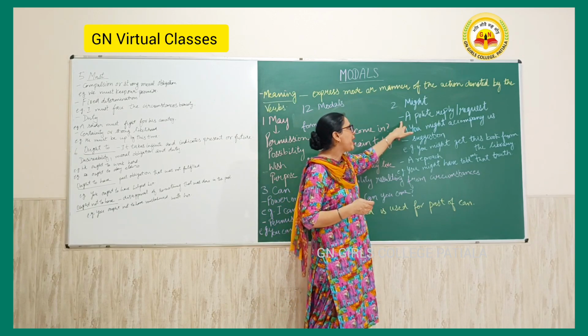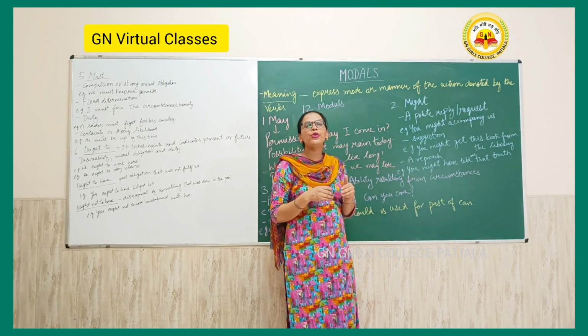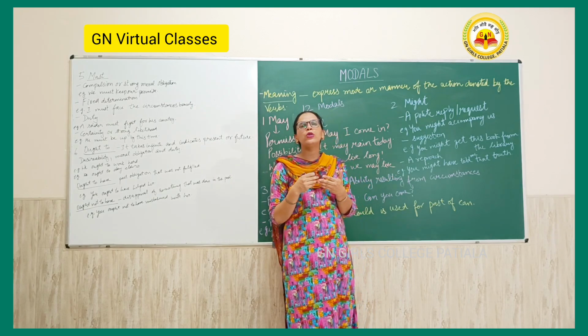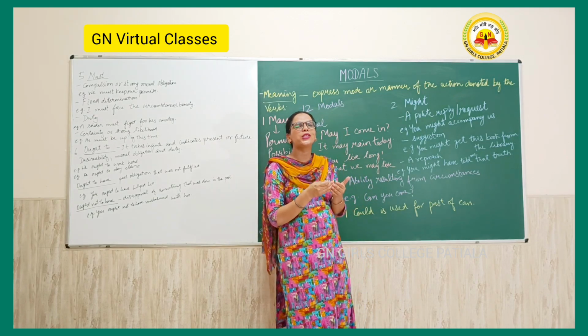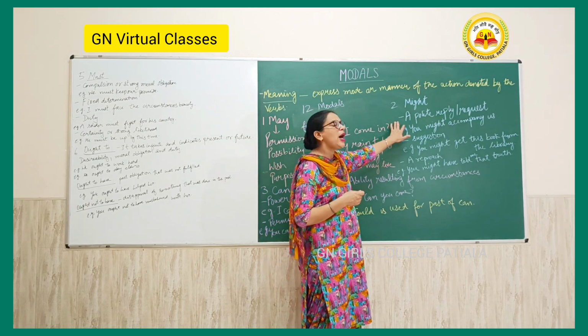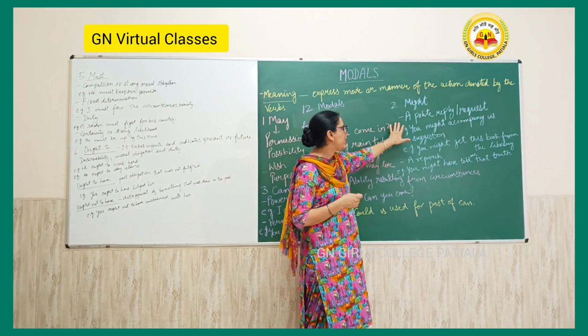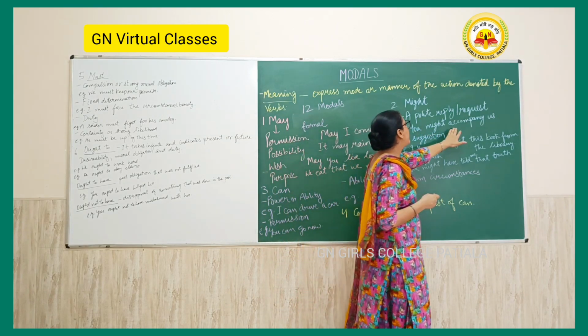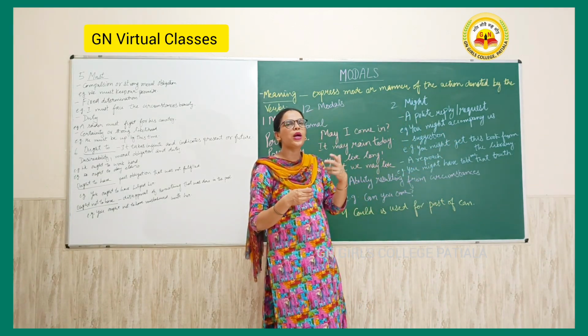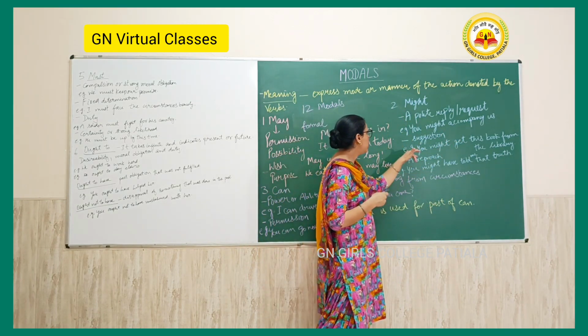First is the reply and request. When you are asking someone to do something for you, you are requesting, and you reply in a polite way, then you use might. You might accompany us. You are requesting someone to accompany them.